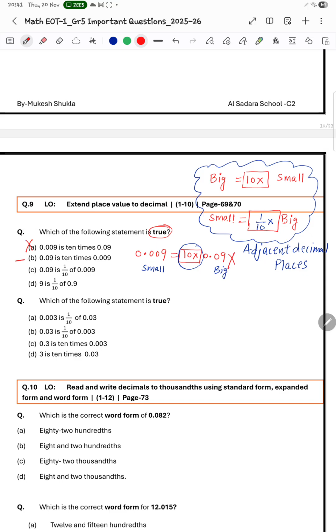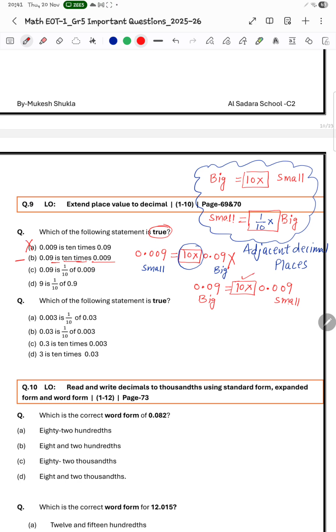Now I will check option B. 0.09 equals 10 times 0.009. So here I will say this is big and this is small. Yes, big and small, my rule will be applied here.